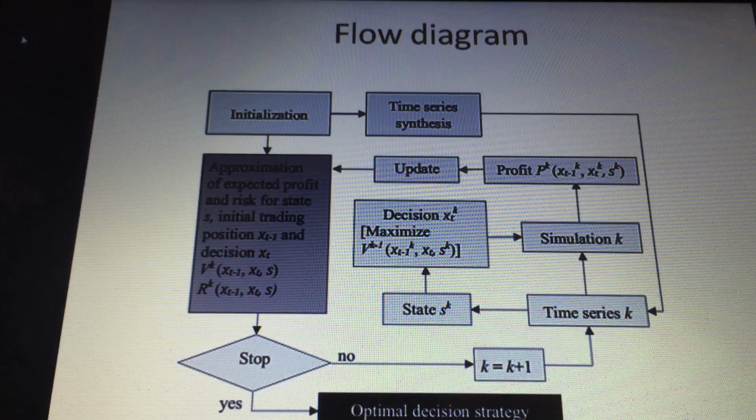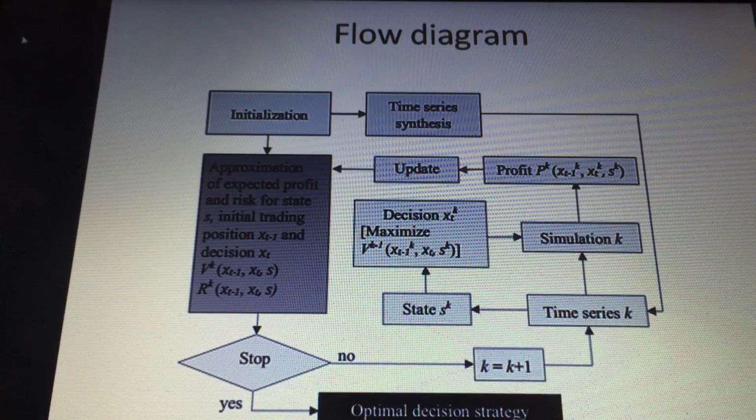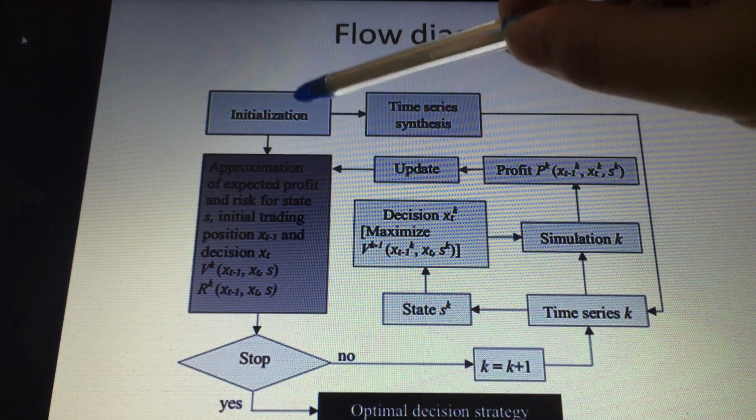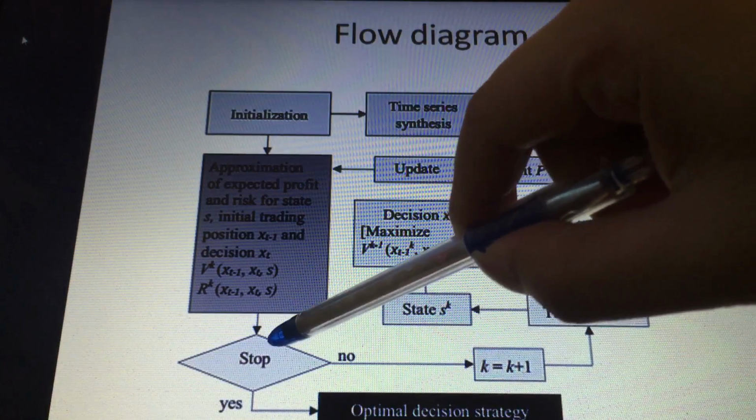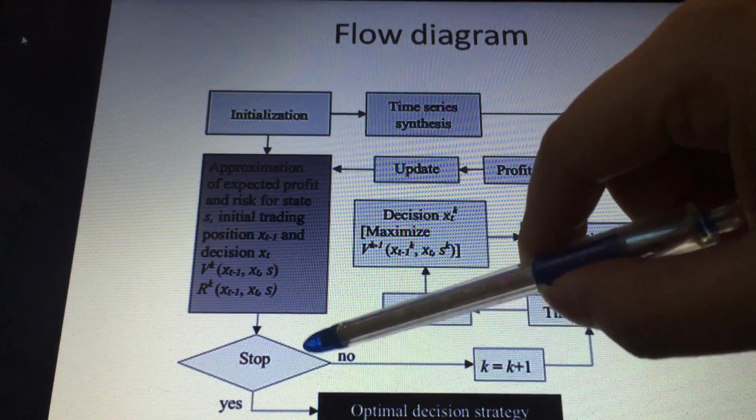Okay, the flow diagram for this case is like this: we have initials, we have to make the approximations and come to the decisions.